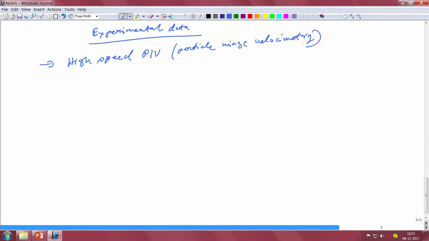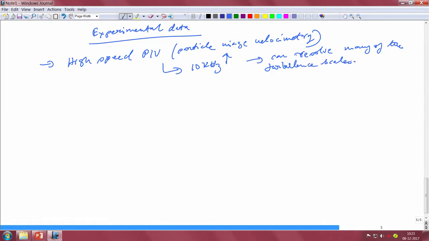If you take a measurement course, this can actually go 10 kilohertz and higher. So you can resolve many of the turbulence scales. That is good.